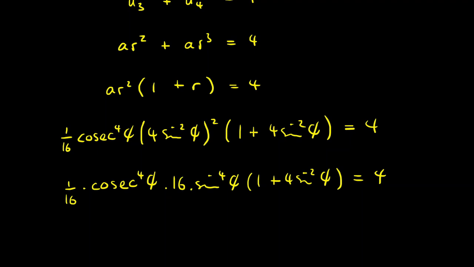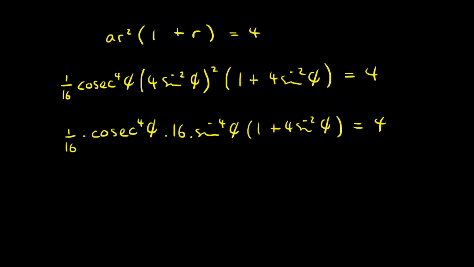Now, what's going to happen here? Firstly, the 1 upon 16 and the 16, those are going to cancel. Next, remember that cosec is the same as 1 upon sine. So this thing is actually 1 upon sine to the power of 4 times by sine to the power of 4. So that is also going to cancel off, right?